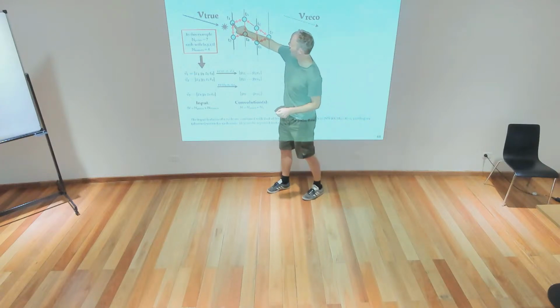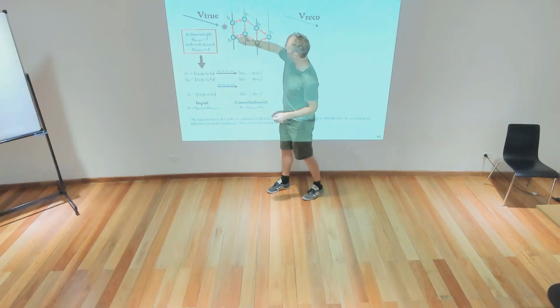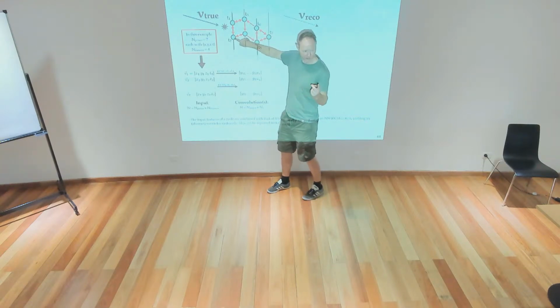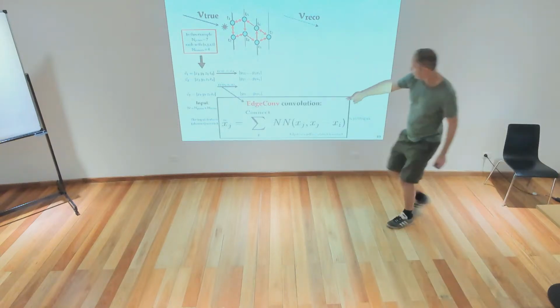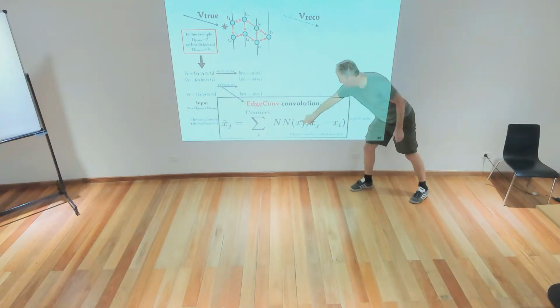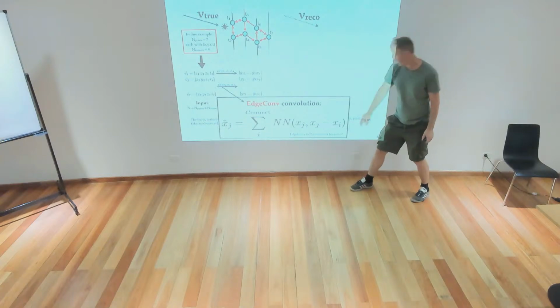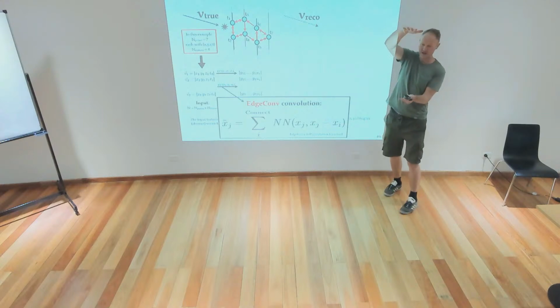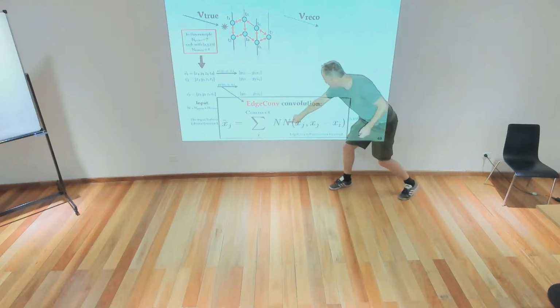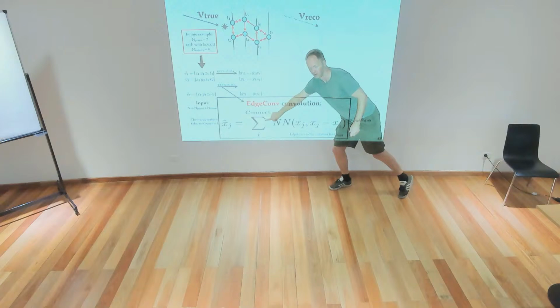And what goes into node number one? The information that is input is the information from node number one and its neighbors, and that's a fixed number. So this means I can do it with a neural network. I put in the node itself, and I put in the difference to its neighbors. And then, just like the different filters in a CNN that you all add together, you add it all together.